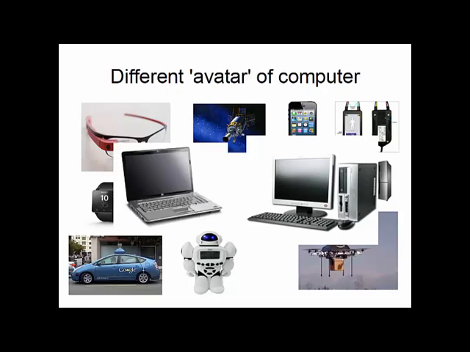Most of you know them, and 10-15 years back, this was known as a computer. Everyone knows, okay, these are the computers. The other forms were not very popular at that time. But anyway, all of these are different forms, different avatars of a computing system.